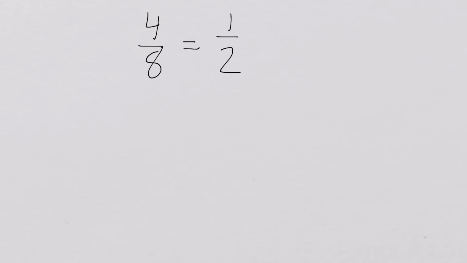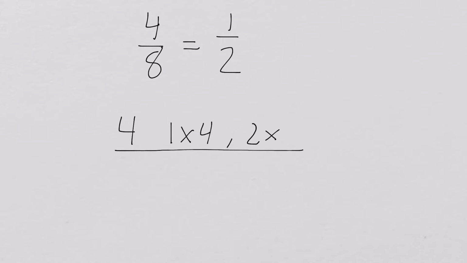When we're working with 4/8, we already know that its simplified version is 1/2. But here's how we go about getting to that simplified version. We take our numerator and our denominator, and we make a list of the factors that could create those numbers. So for 4, we could have 1 times 4, or we could have 2 times 2.